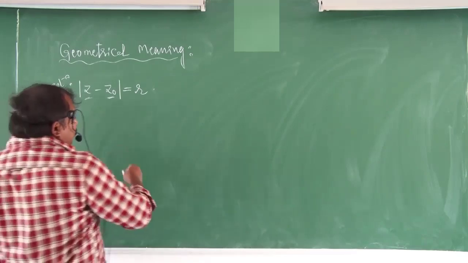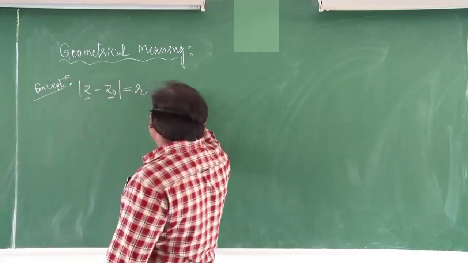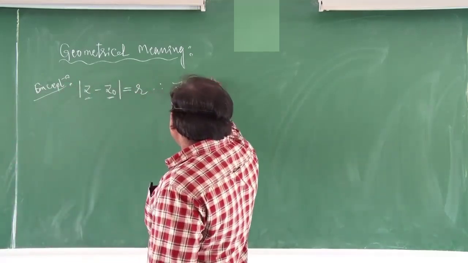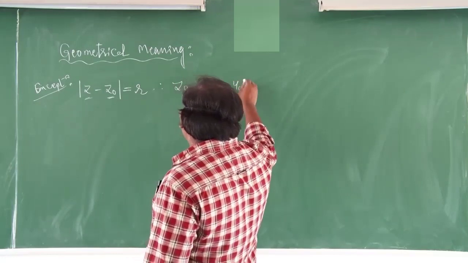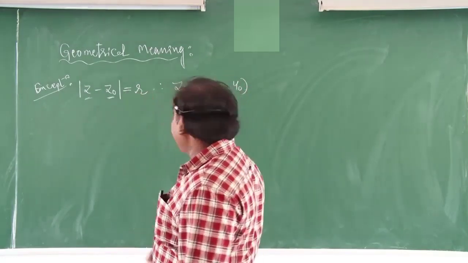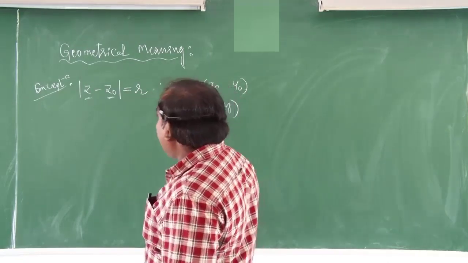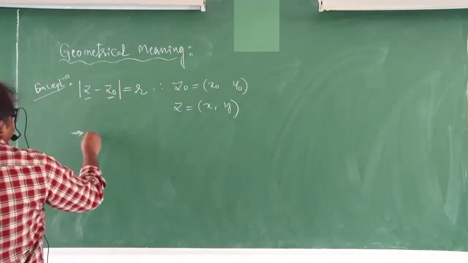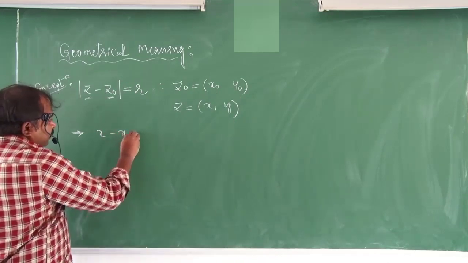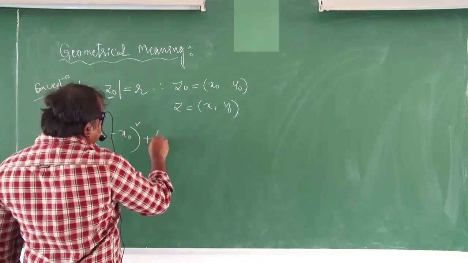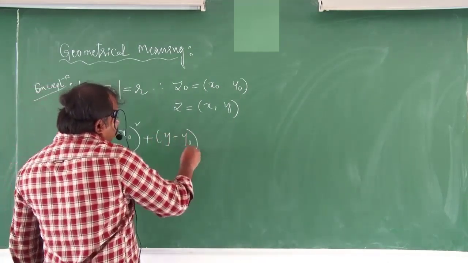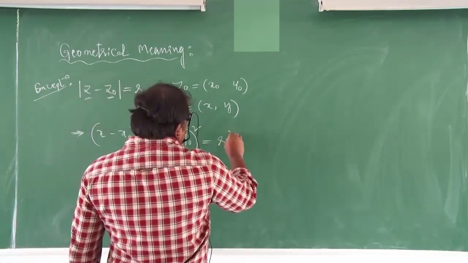So automatically what does this equation indicate? For example, if you take z naught equals to some x naught, y naught, where R is the real number, and z equals to some x comma y. Automatically here if you simplify, what you will get? x minus x naught whole square plus y minus y naught whole square is equal to R square.